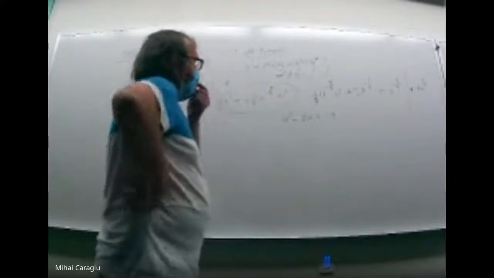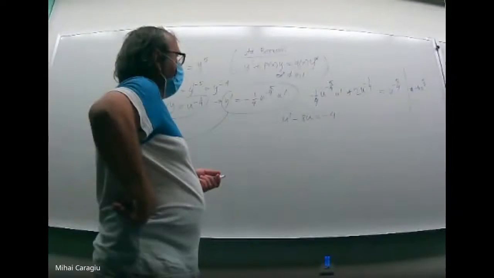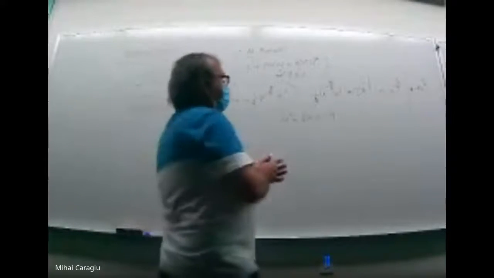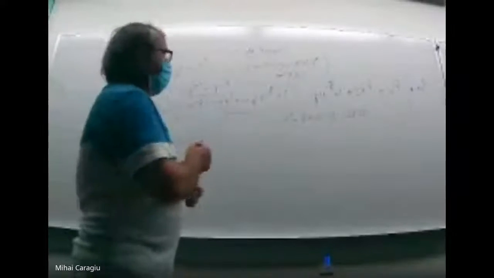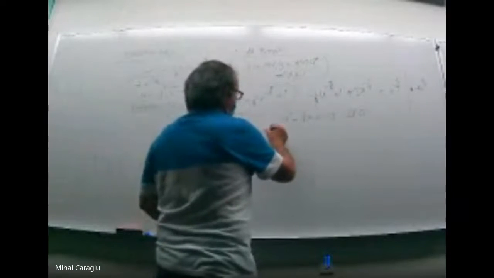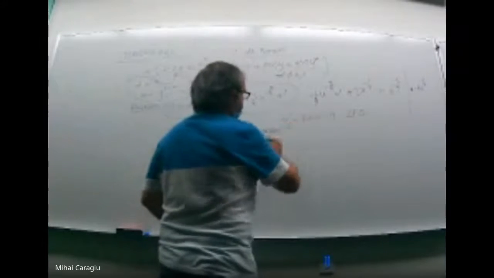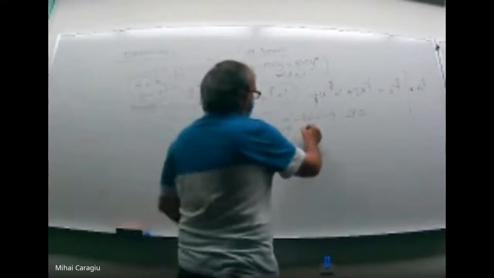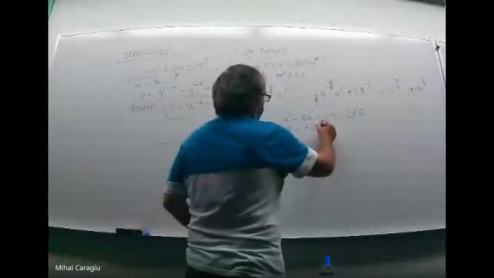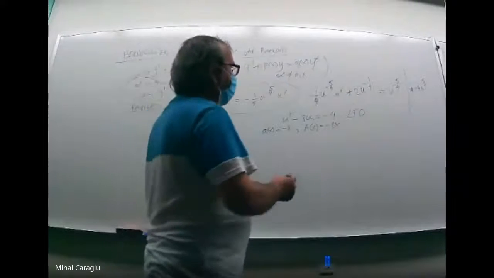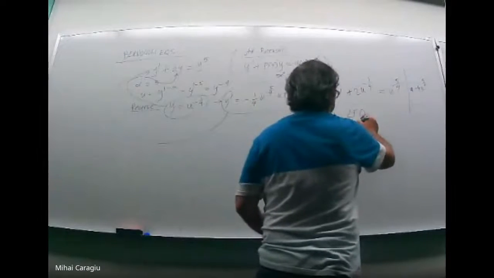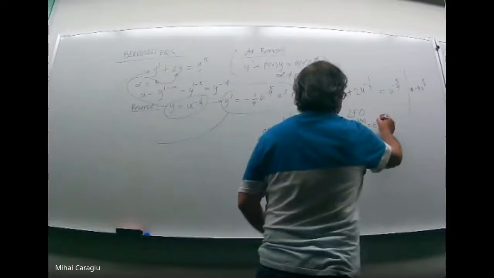So, by using this Bernoulli substitution, we transform the Bernoulli equation into a linear first order equation. This linear first order has small a of x equal to minus 8. What's next? Big A of x is minus 8x, and the integrating factor e to the power big A of x is e to the minus 8x.